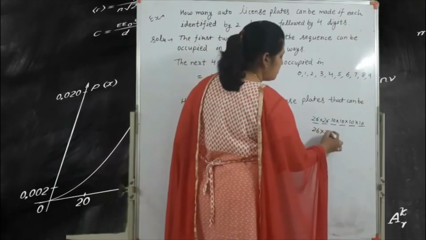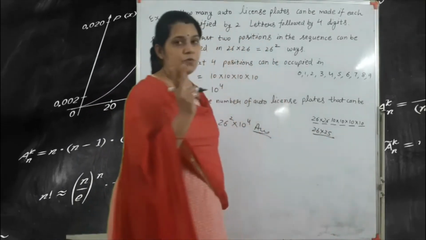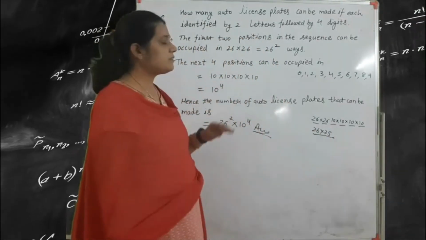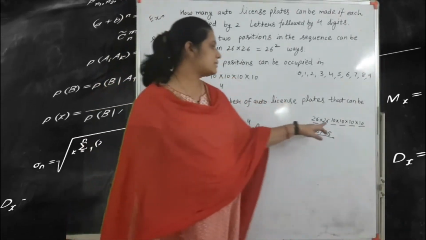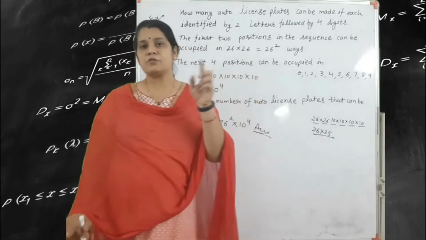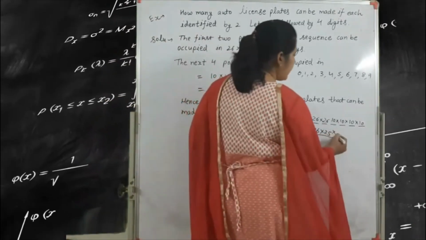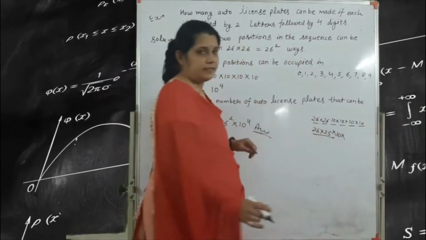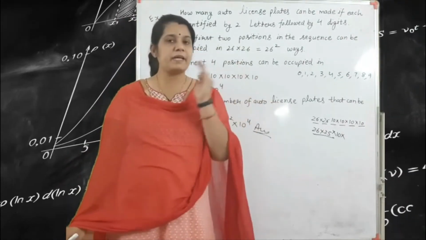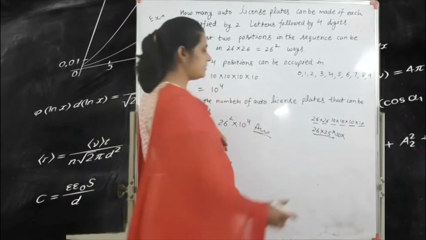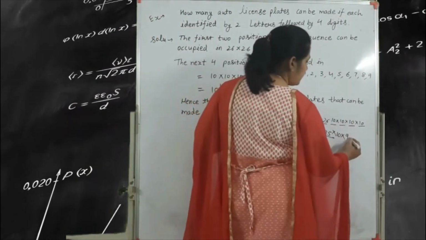So we write 25 for the second place. Next, we write the four digits in four places. In the first place we have 0 to 9, that means 10 digits, but one digit is already used, so the remaining is 9. So in the next place we write 9.